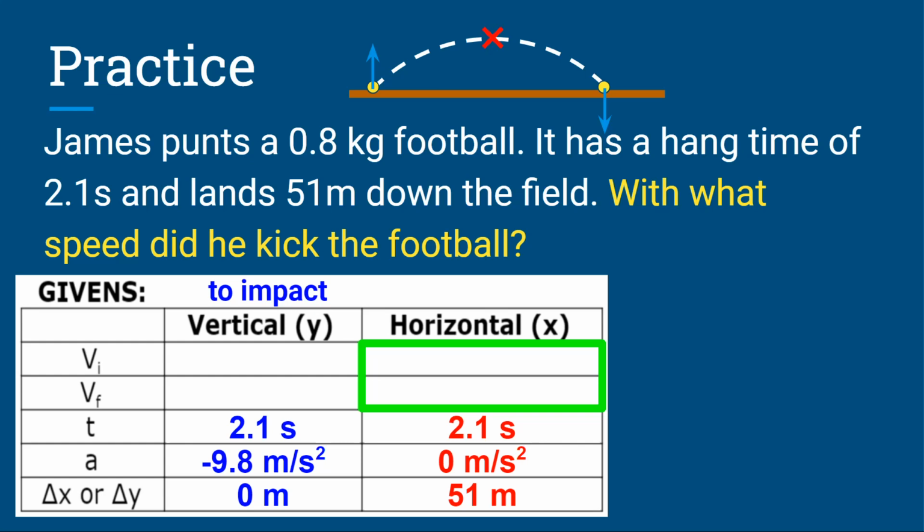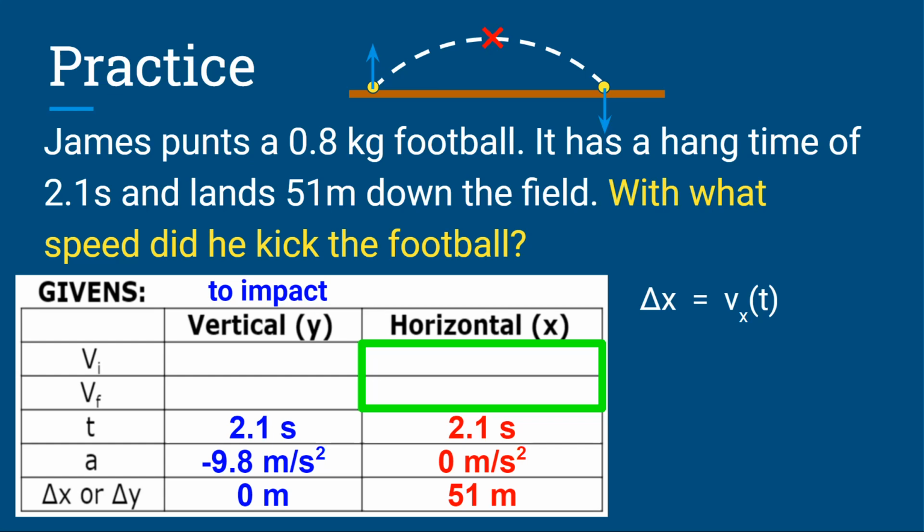So let's start by solving for my horizontal. Okay, I know that I have constant velocity here. And when I have constant velocity, I can use this equation. My displacement is equal to my velocity times my time. This is basically the fourth equation on that list of kinematic equations. Delta x equals (VI plus VF) divided by 2, that's your average velocity, times t.